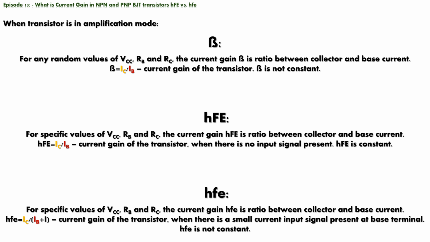This parameter is widely used to exaggerate amplification capabilities of the transistors. hFE with small fe is current gain of transistor when there is small input signal present at base terminal. This parameter is useless, as it fluctuates along with changes in base current.